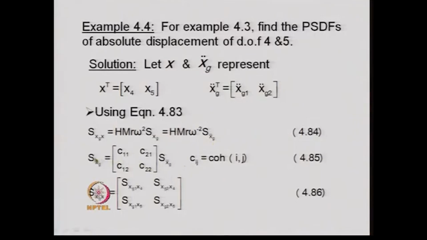And Sx double dot g can be constructed from the time lag that is given to us, that is 5 seconds. So, this Sx double dot g matrix would be equal to this C11 multiplied by Sx double dot g.